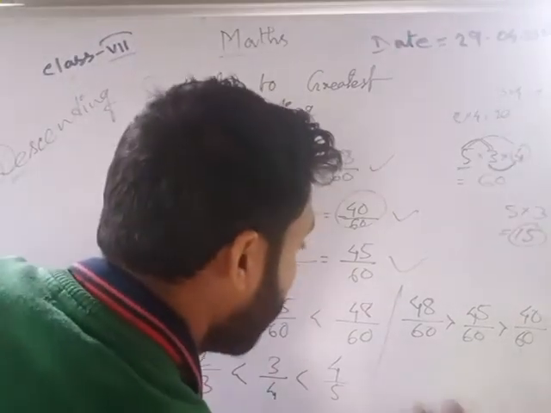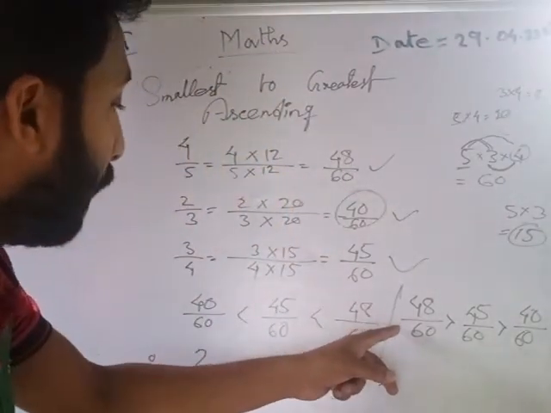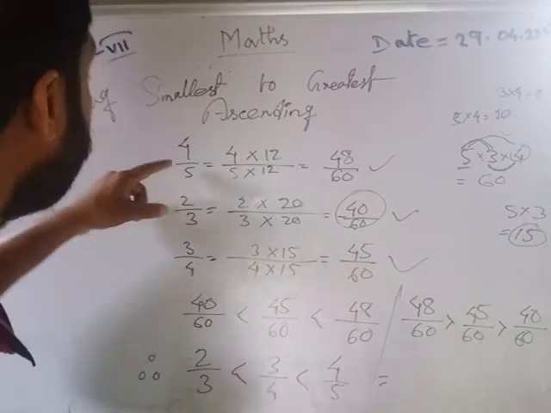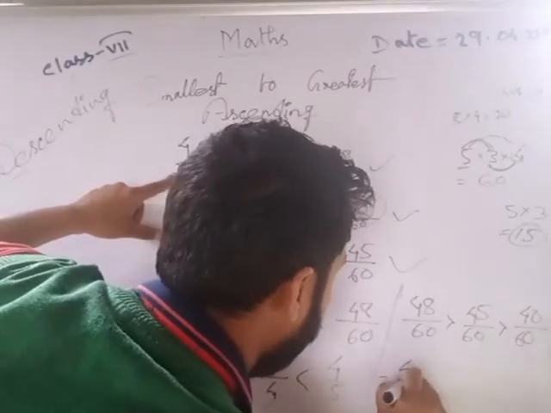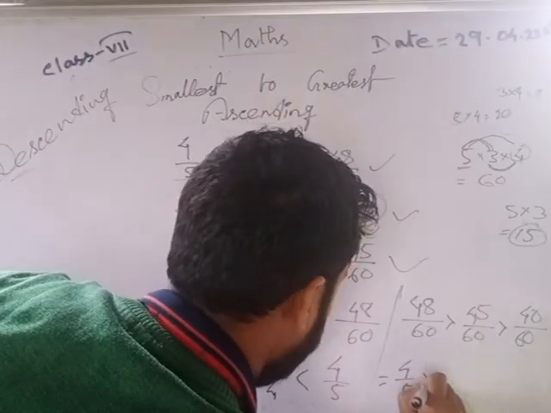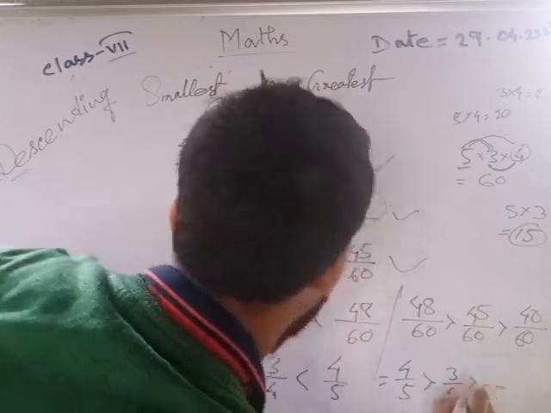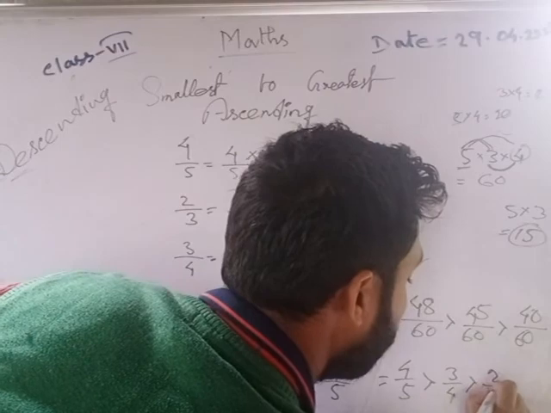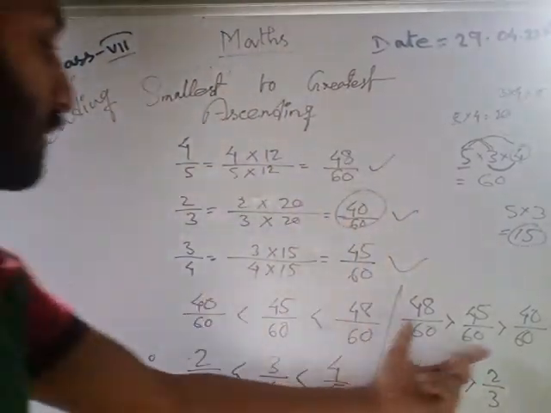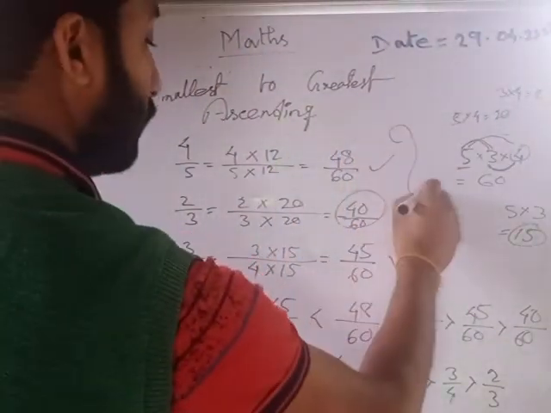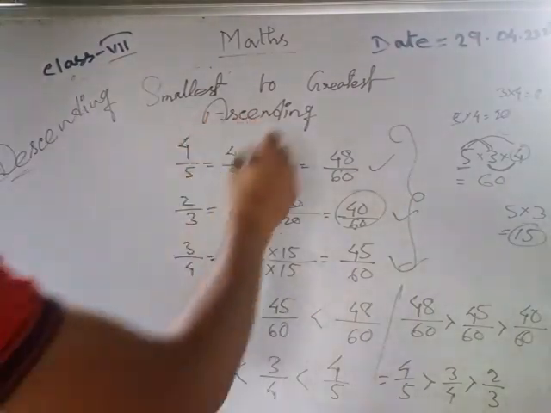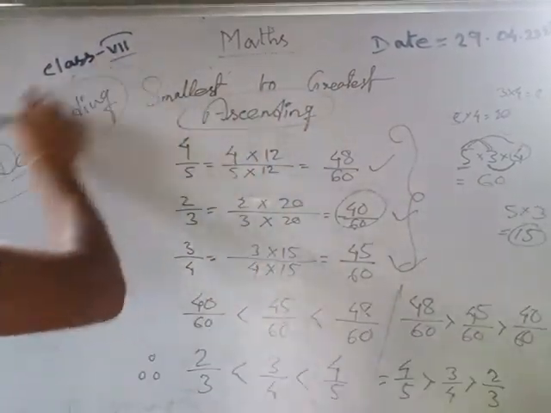Okay, so we should write the equivalent fractions: 48 by 60 is 4 by 5, and 3 by 4, and 2 by 3. Just different in this way, and these rules are the same whether you do ascending order or descending order.